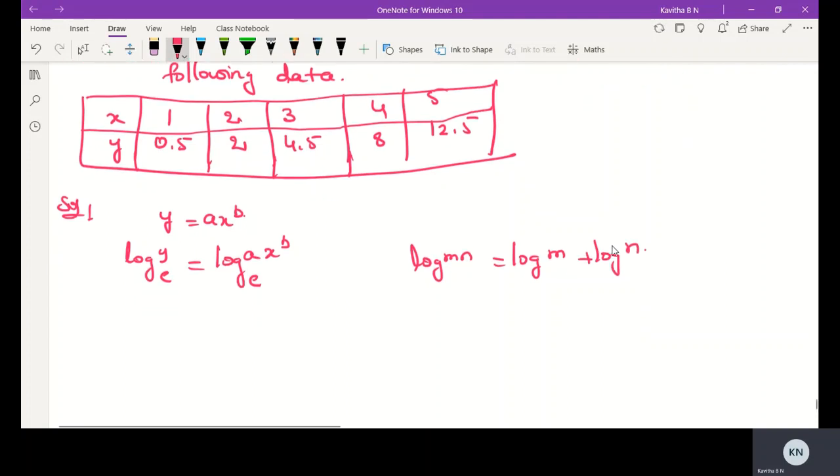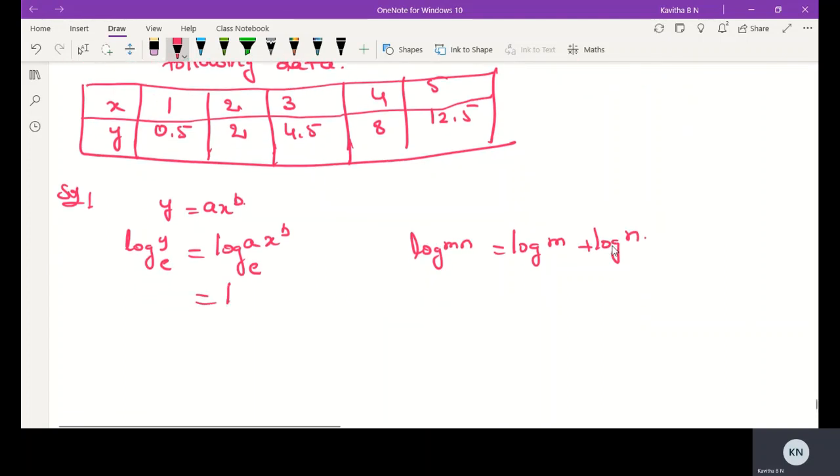Using this formula, we write log a base e plus log x to the power of b base e.